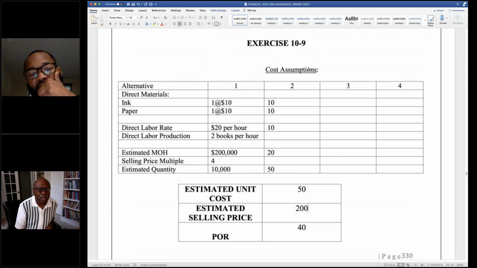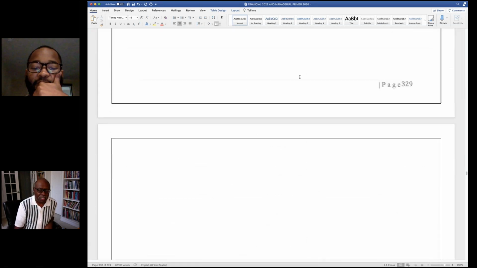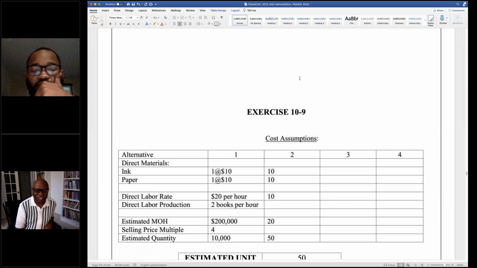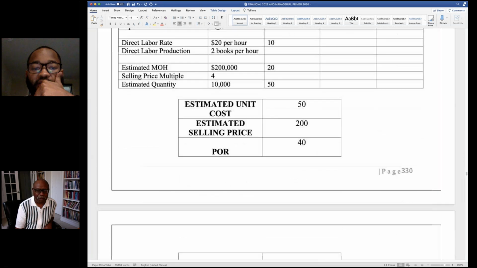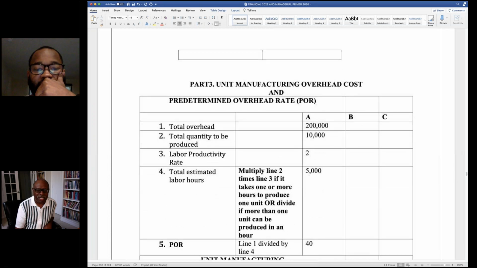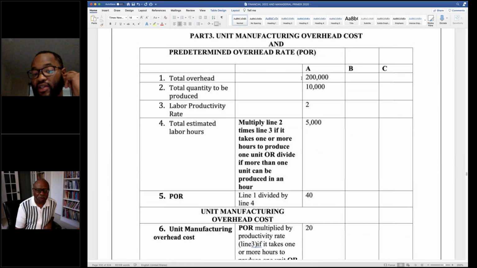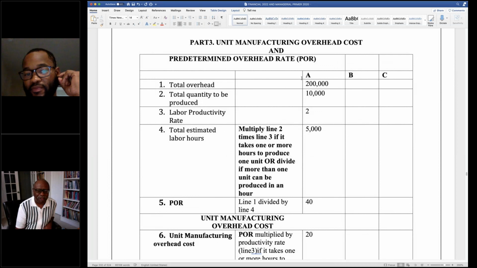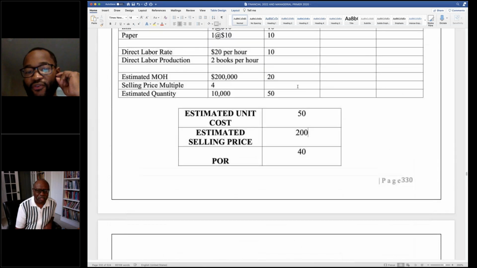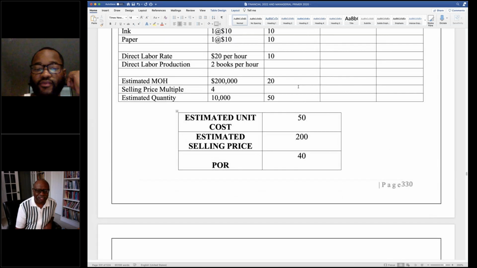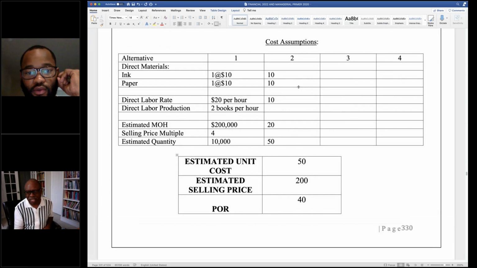Right there for a second, Professor Boyd. Are you trying to print? No, I was looking at the page before. Oh, you're trying to print this page.